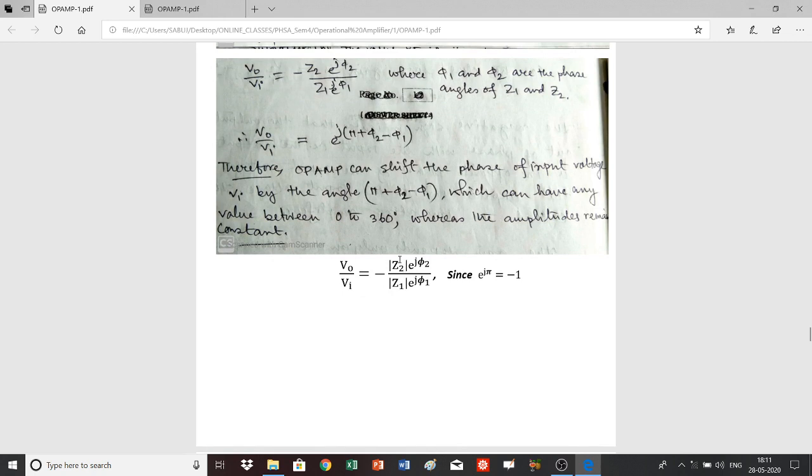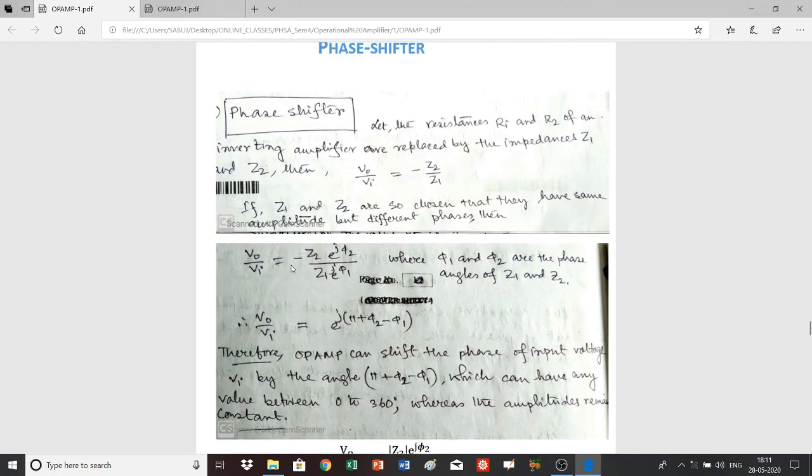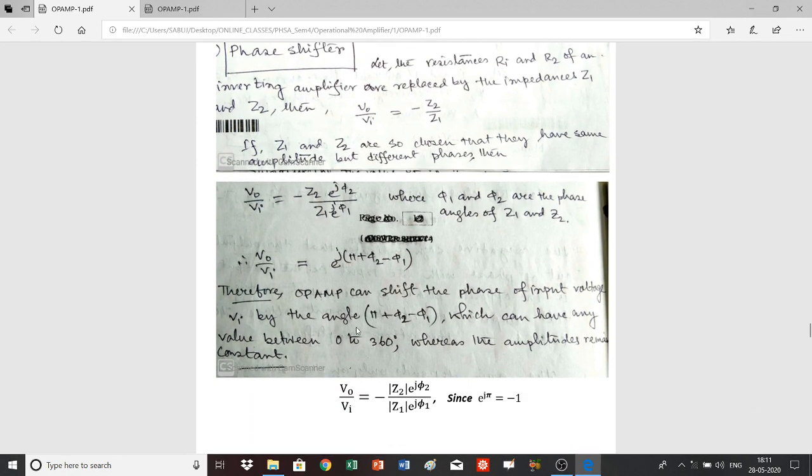And since the amplitudes Z2 and Z1 are equal, you can write from this relation that V0 by Vi is equal to e to the power j(phi 2 minus phi 1).